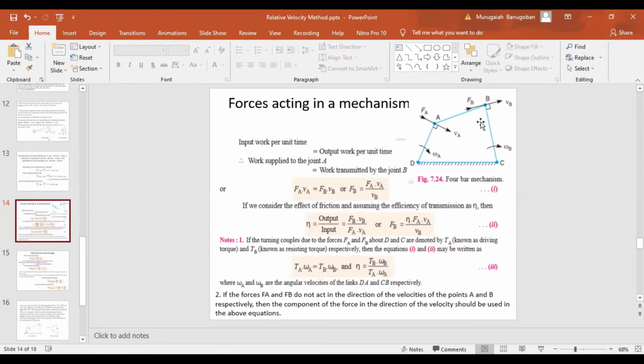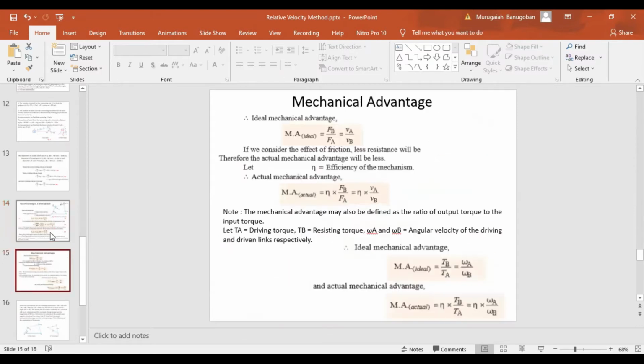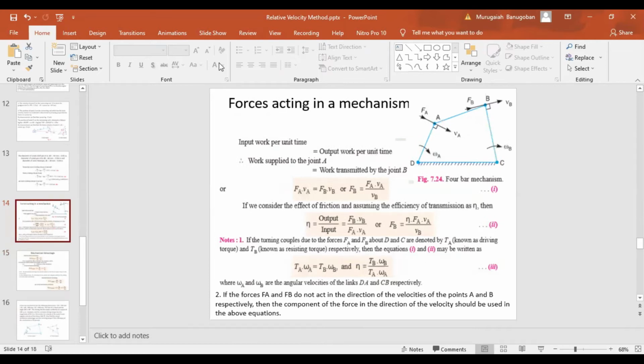In case they do not act in the same direction as the velocities of the points A and B respectively, then the component of the force in the direction of the velocity should be used in the above equations. For example, my FA is acting in some other direction than VA and FB is acting in some other direction than VB. Then the force component in that particular direction will be considered.